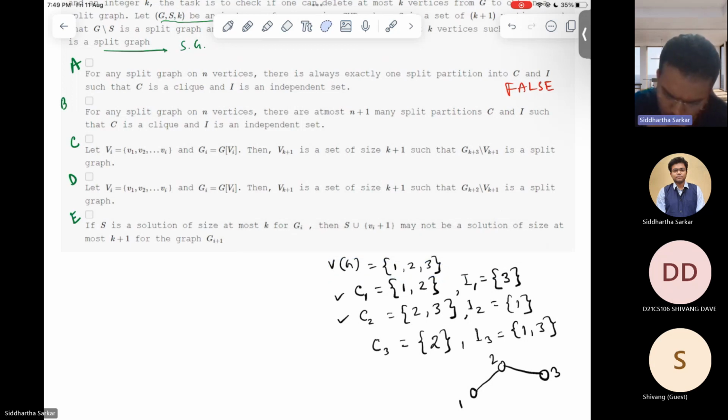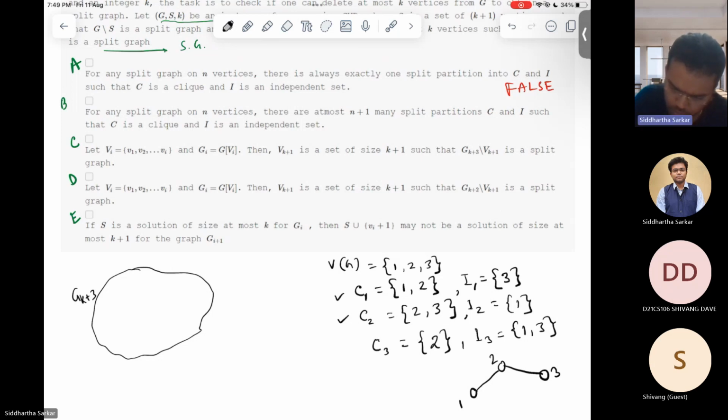Right. So you had induced this graph G k plus 3, which is nothing but the induced graph on the first k plus 3 vertices. Then you removed the first k plus 1 vertices.